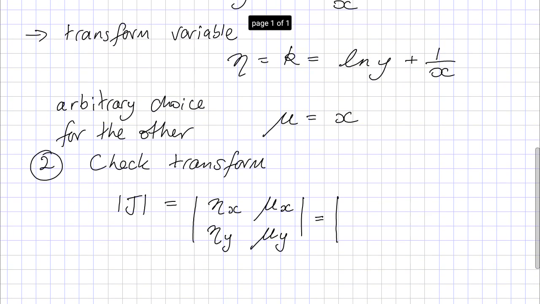If I look at eta, d eta by dx, I'm differentiating 1 over x, so this is minus x to the minus 2. If I then differentiate eta with respect to y, that gives me y to the minus 1. Then I look at mu. d mu by dx is 1, and d mu by dy is 0.